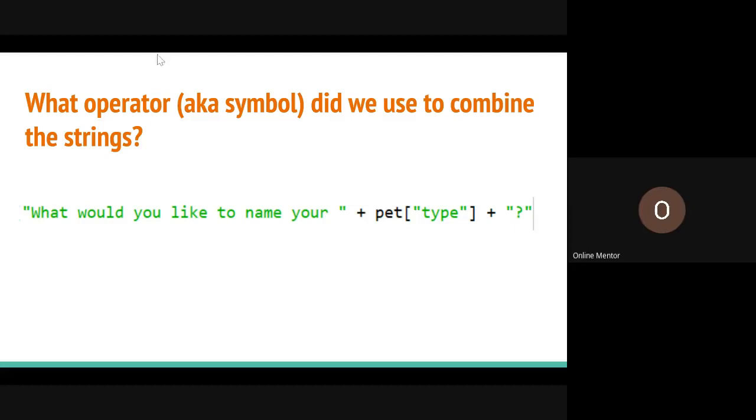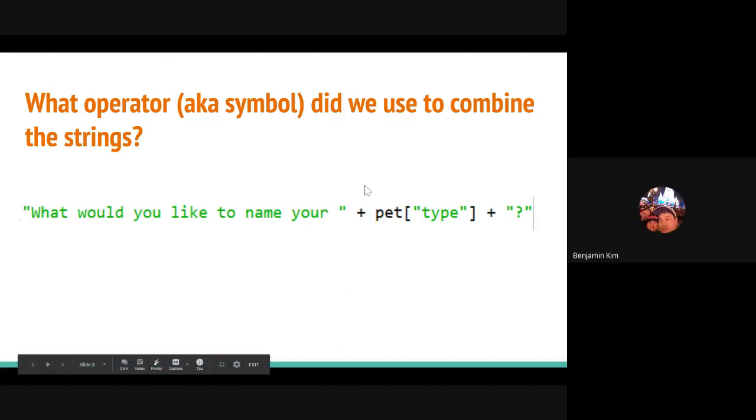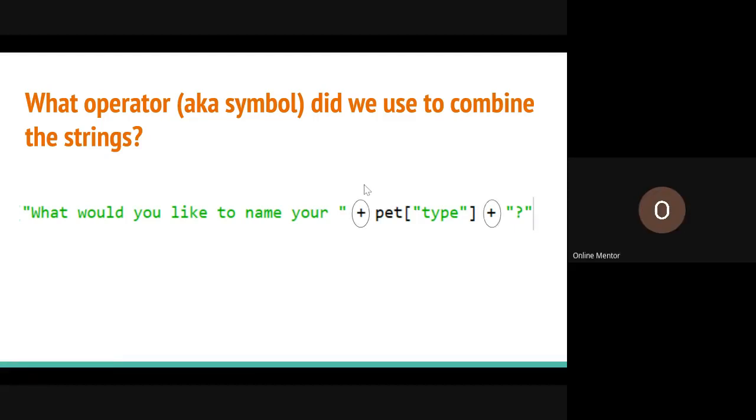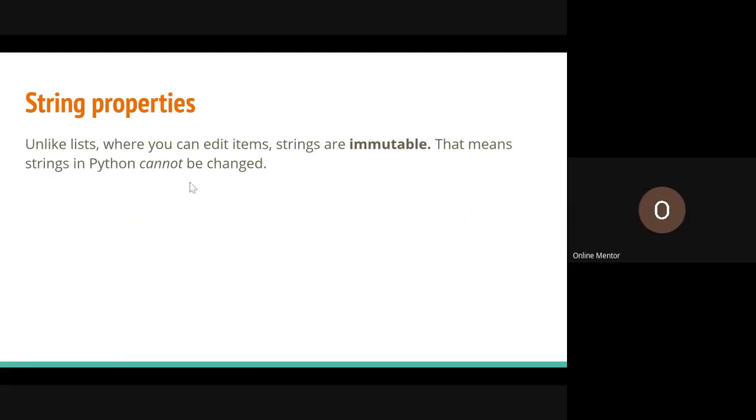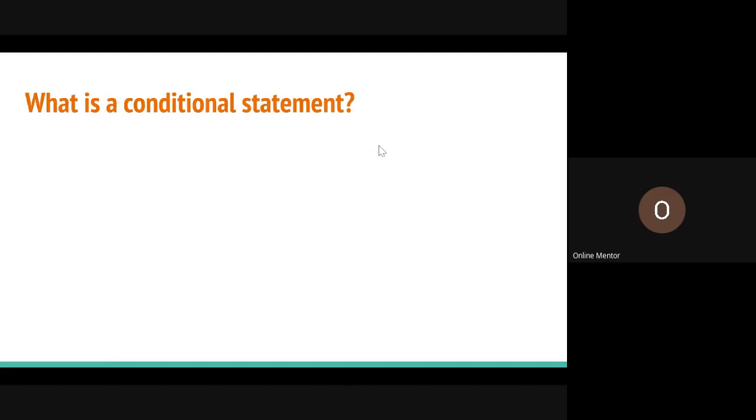That's correct. And which symbol did we use to combine the strings? Plus sign, right? Okay. And as I said before, strings are immutable, so that means they can't be changed. So you can't do like string plus equals. They just can't be changed. The important word to remember is immutable.